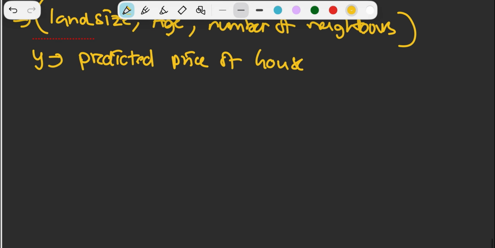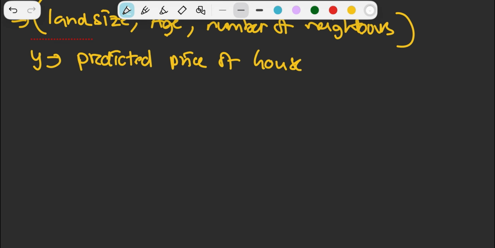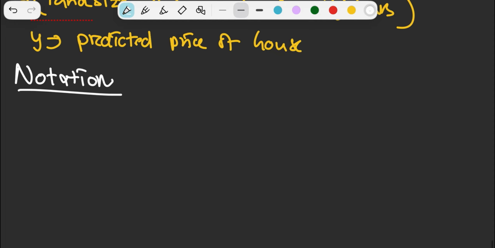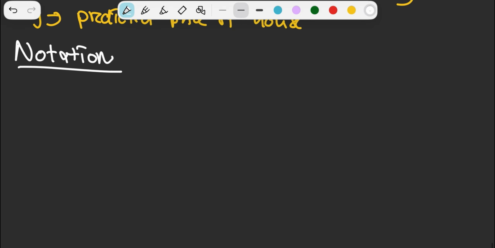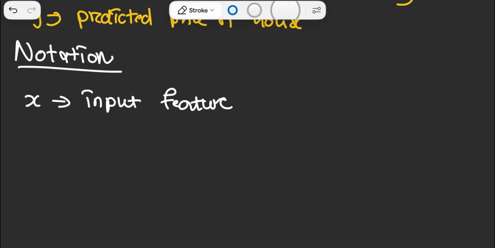First up, we need to do some housekeeping rules. First, we're going to talk about notation. The whole point of machine learning is that you need to understand your notations so that everything is set going on. X is called an input feature. It's a feature, so X can be any input that you put. If you're trying to decide whether this is a dog, for example, X can be how many ears it has, or the weight of that animal.